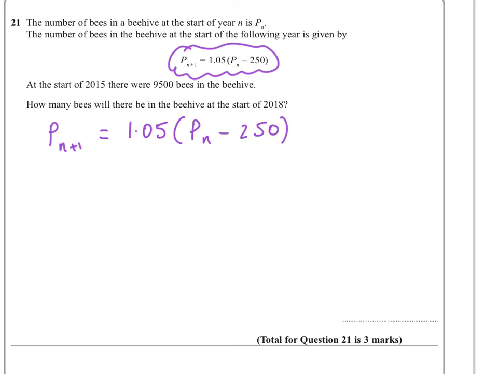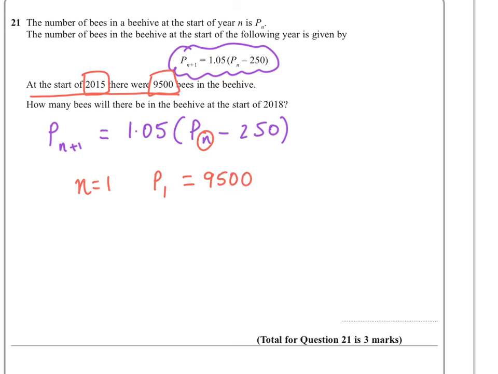Now, what we have here is something called a recursive formula or an iterative formula. What it means is that if we start with, say, n being 1, that's P subscript 1. And in this case, that would be at the start of 2015, and there'd be 9,500 bees.